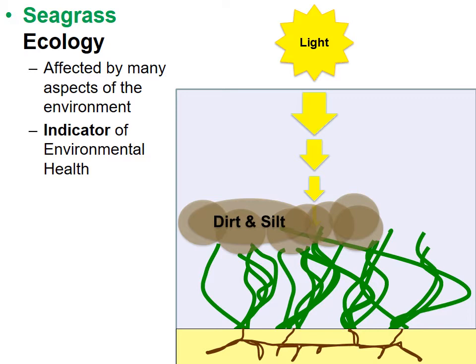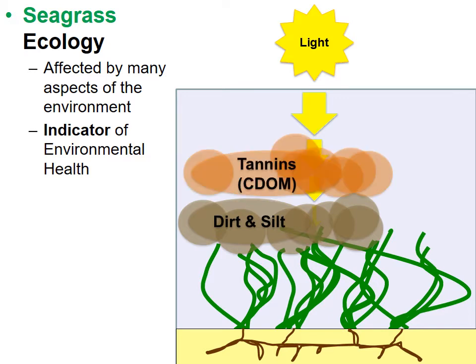Dirt and silt suspended in the water blocks a lot of light from reaching seagrass and can kill seagrass. Another thing that blocks light is tannins, colored dissolved organic matter in the water that gives the water this dark tea-stained color, and tannins block blue wavelengths of light, which the seagrasses really depend on for their photosynthesis. So if the water is dark and tannic, for natural or man-made reasons, that might be harming the seagrass.